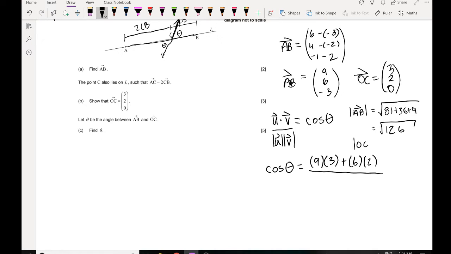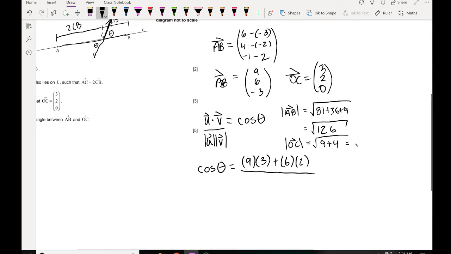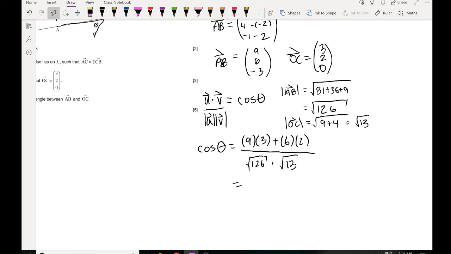And the magnitude of OC, square root of 9 plus 4, or root 13. So root 126 times root 13, go under here. I guess I should have figured out my numerator as well. 9 times 3 is 27 plus 12. So 39 over those radicals.